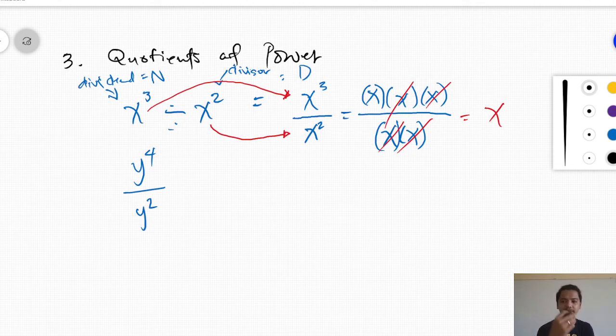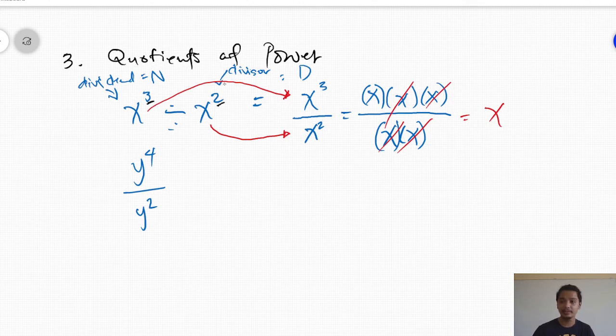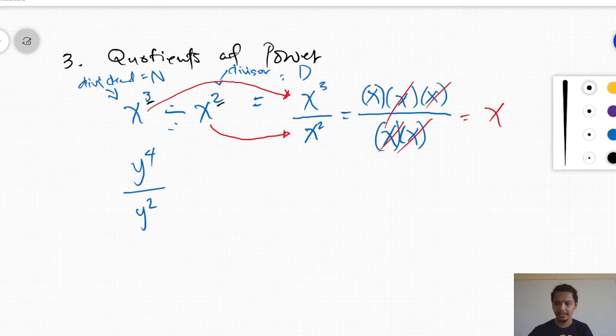So, kung kanina, dun sa first law of exponent natin, we just need to add the exponents kapag minumultiply natin yung mga same bases na magkakaibang exponent. Dito, the other way around. You just need to subtract the exponent of the dividend by the exponent of the divisor. Meaning to say, unahin natin general rule nitong quotients of power.